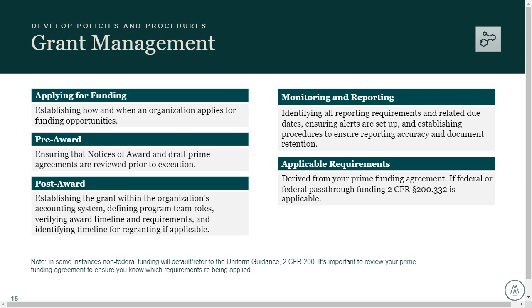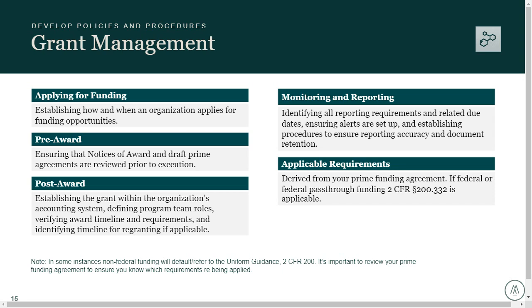Then getting into the monitoring and reporting, which is really, I feel like, the cornerstone to compliance, which means that you understand the requirements that are placed on you and any subrecipients that you may be entering into agreements with, ensuring that those dates are identified, you have reminders for those dates, what reports need to be done and what those reports need to contain, all of that.